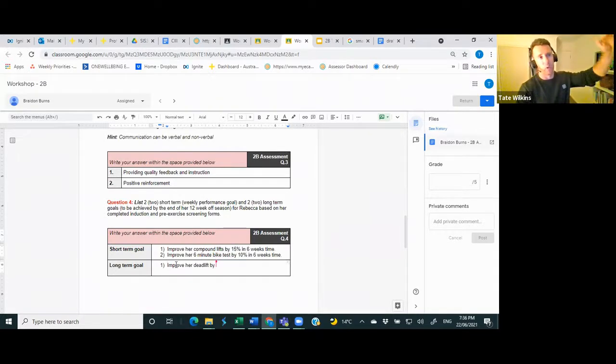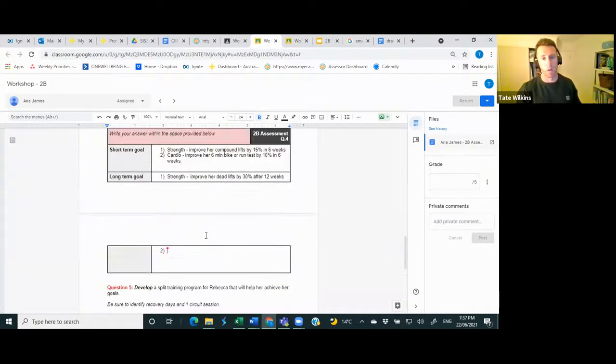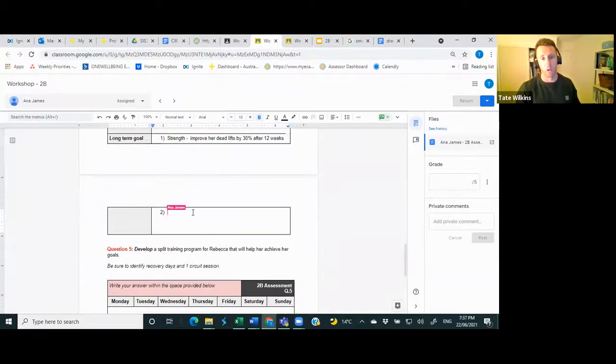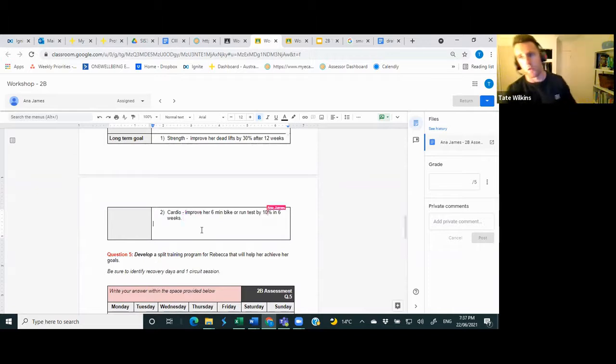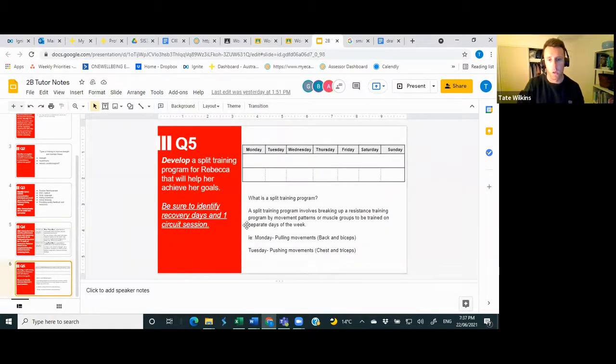So we'll say from the first day to 12 weeks time, we'll just say maybe by 30% after 12 weeks. And you can almost do the same thing. If you chose the bike test or whatever else you did, you can maybe just make it 30% or maybe 20%. But that will depend on what you do. If you chose a different machine, you just try to make the same one, up to you. Boom. Flying through this one.